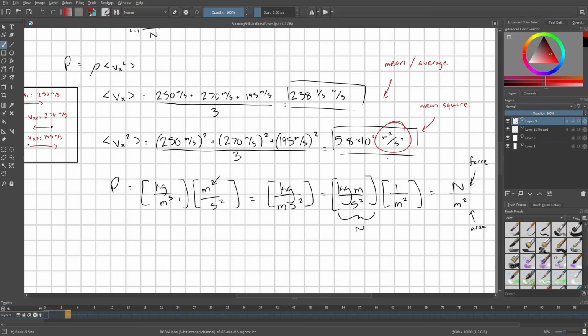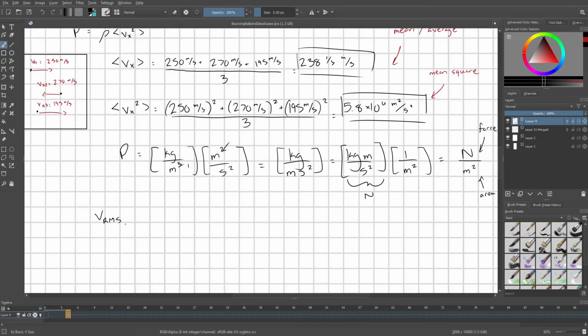So it'd be really nice to talk about something in reference to the mean square, but actually have things in terms of a speed. And so that's what the vrms is. My root mean square speed for the x direction would be defined as just taking Vx squared, my mean square, and then just taking the square root of that.